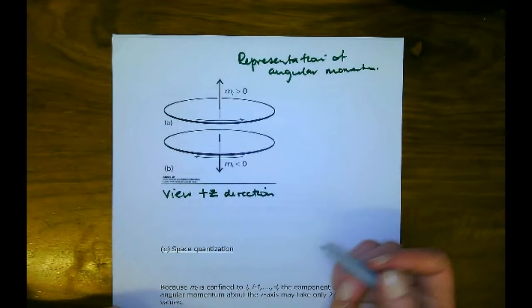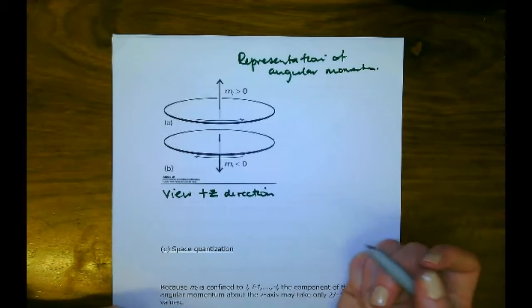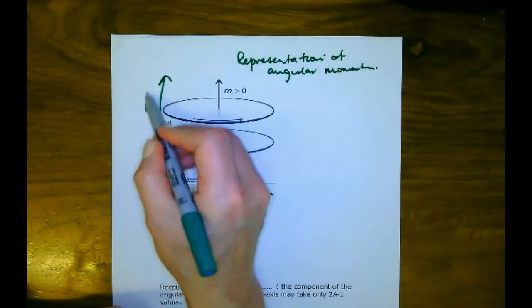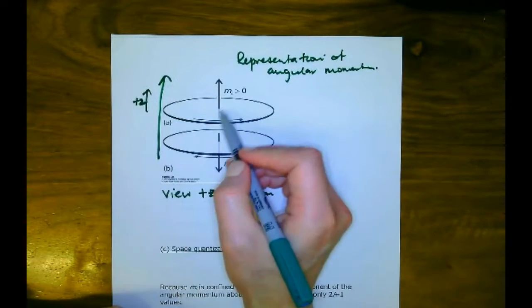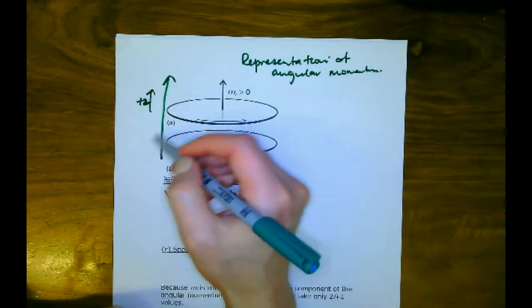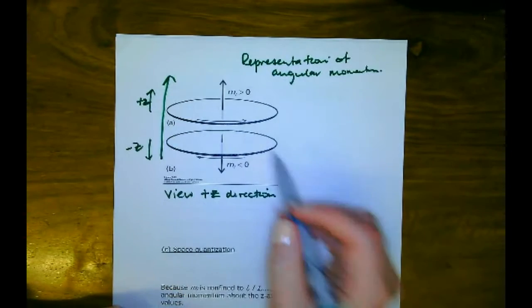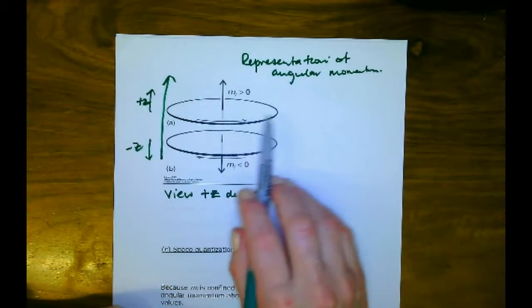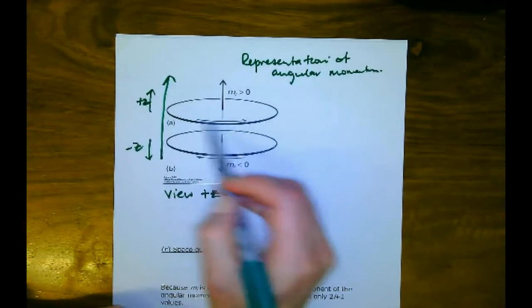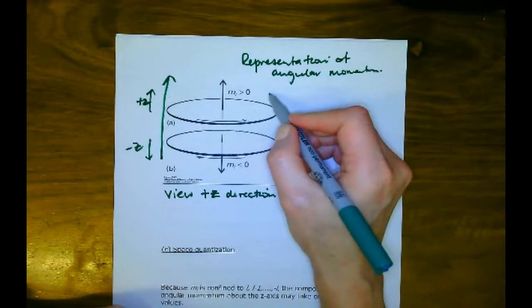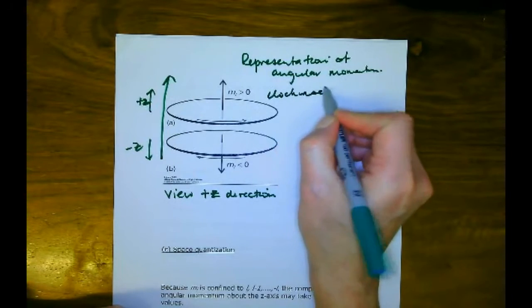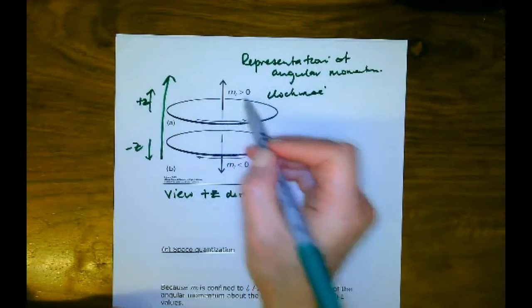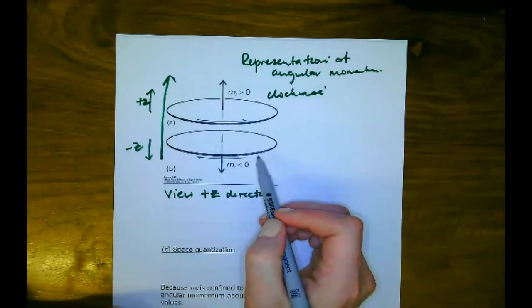And that's how we define clockwise or counterclockwise. So if we have our z-axis in that direction, and that would be positive z, so negative z would be in the opposite direction. If you view along positive z, and the rotation is in that direction, it would be clockwise, and ML would be positive, and the opposite would be negative.